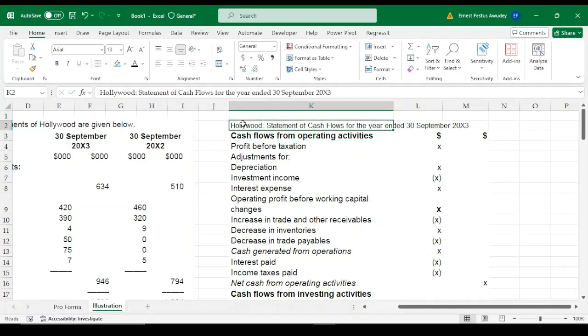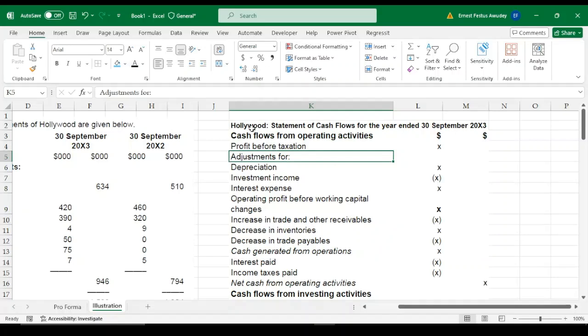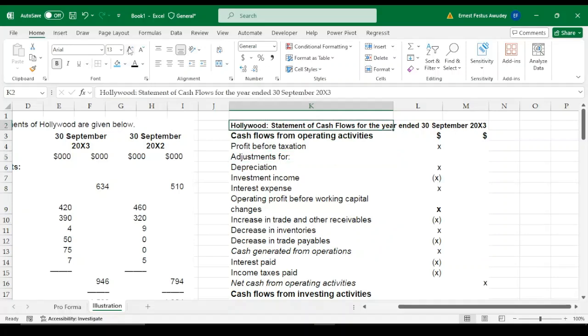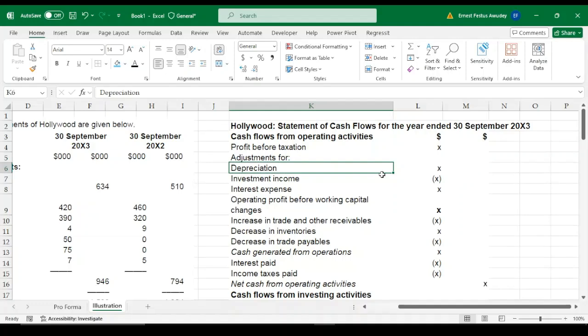All right, then I'm going to bolden that and also increase this to 14. All right, so that is it.